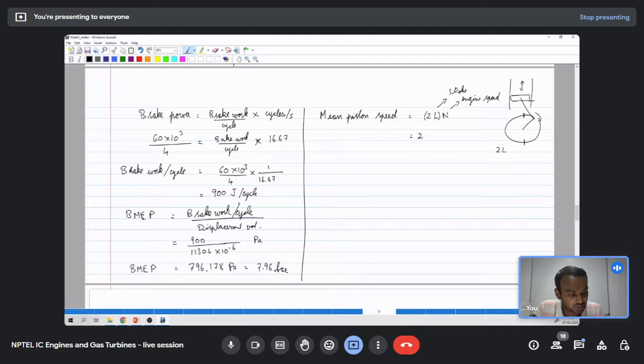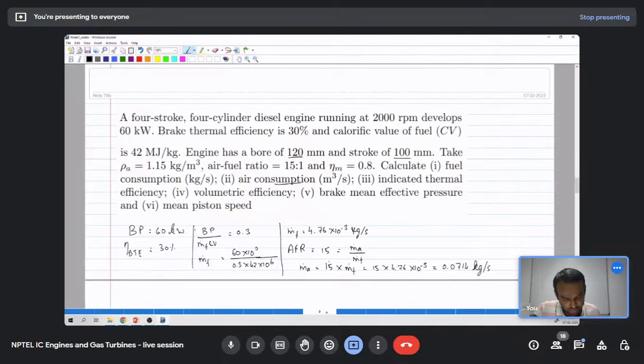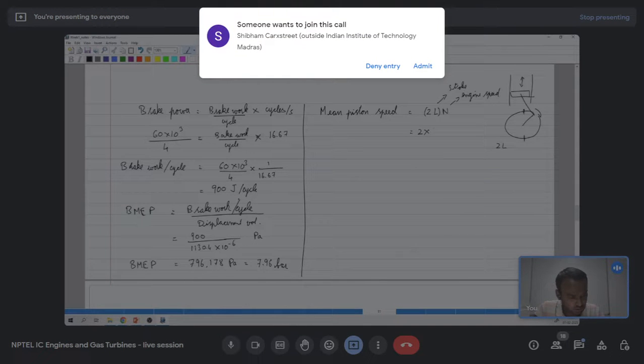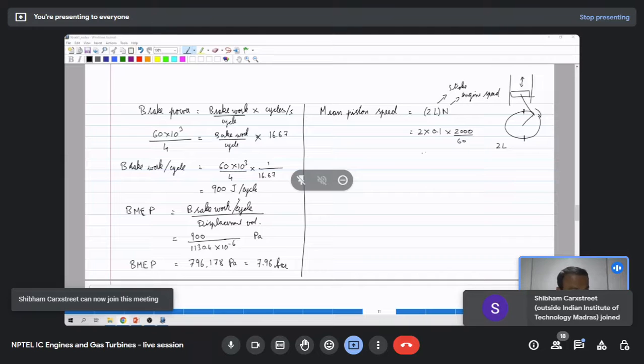So we have L is 0.1, right? Yes, we have a stroke of 100 mm, so that is 0.1. And now engine speed is 2000 rpm. Converting it to revolutions per second, we divide by 60.